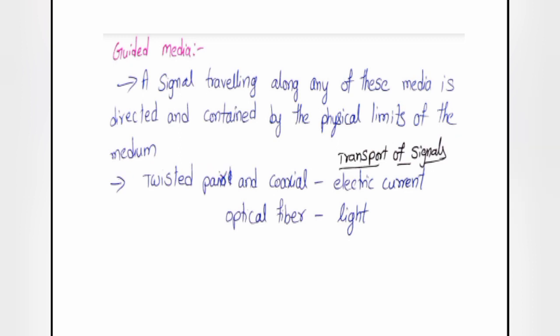So here the media is guided, that is, the path from source to destination is already fixed, and the message must pass through a medium which is already declared. There are three types of guided media: fiber optic cable, twisted pair cable and coaxial cable.